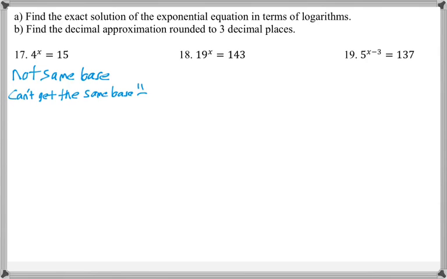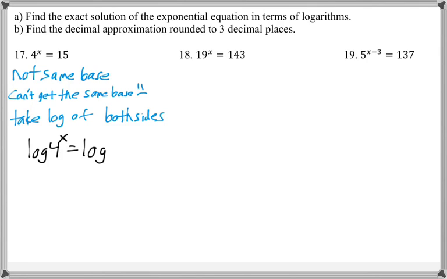So what we're going to do is we're actually going to take the logarithm of both sides. So this is going to be log of 4 raised to the x is equal to log of 15.